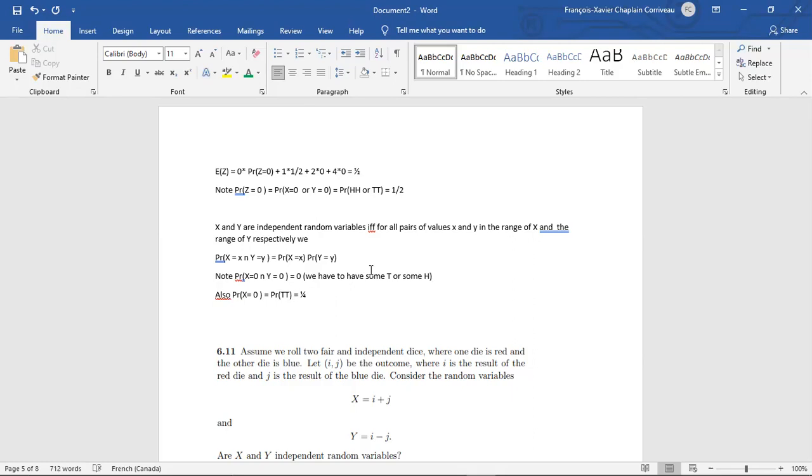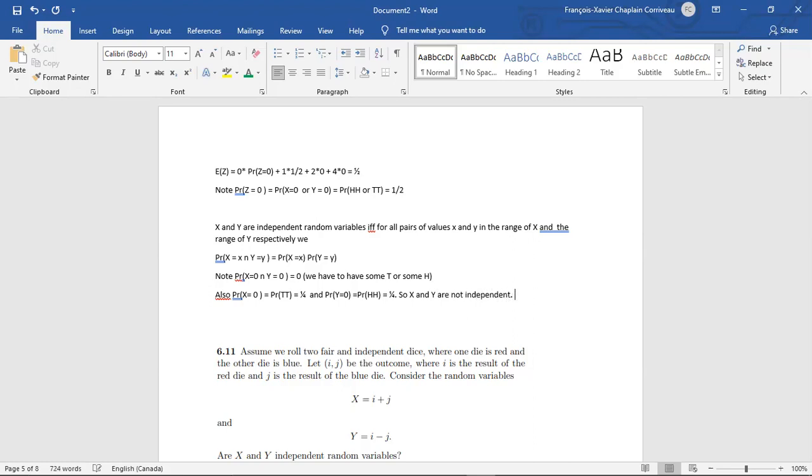And the probability of Y equal to 0 is the probability of all heads, which is 1/4. So you have 0 is equal to 1/4 times 1/4? No, this is not verified. X and Y are not independent.